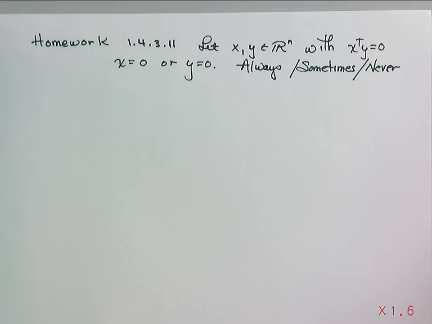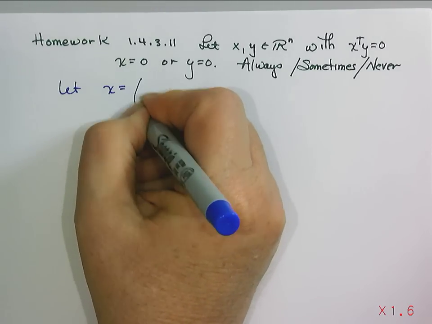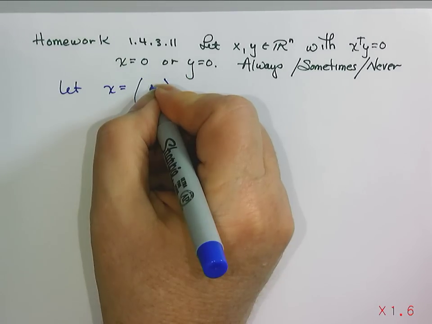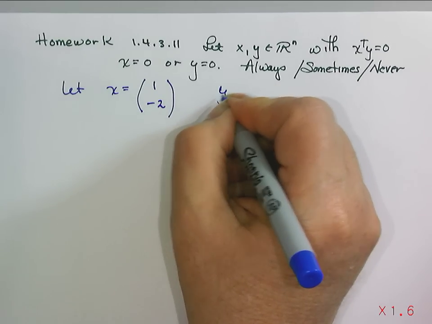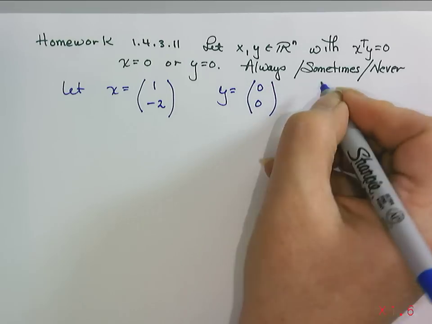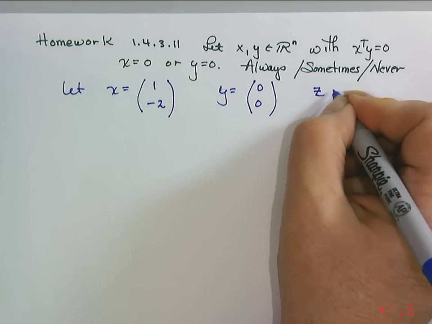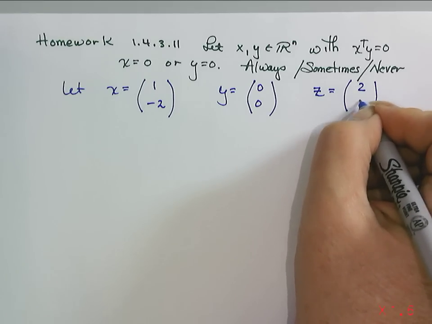Well, let's look at some simple examples where perhaps x and y are of size 2. If we let x be, say, the vector of size 2 with components 1, -2, and y be the vector of size 2 with components 0, 0, and let's say another vector z to be the vector with components 2, 1.